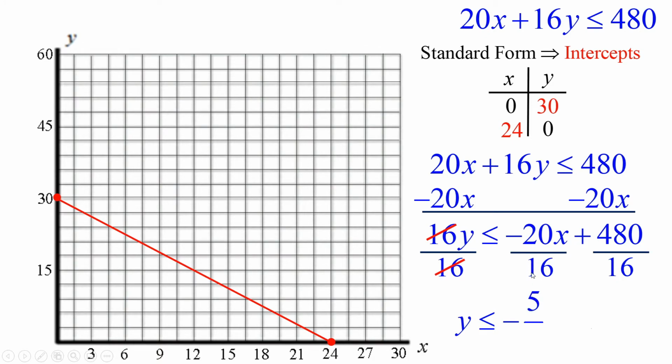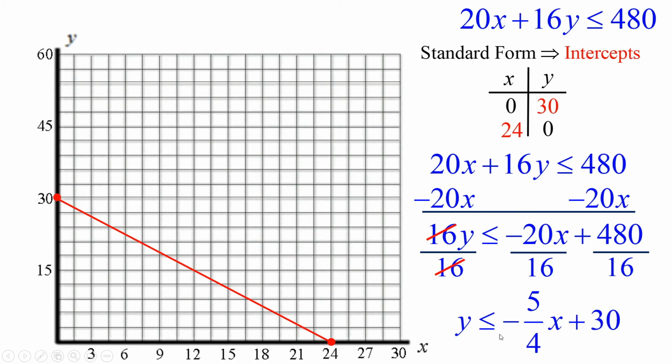And doesn't 4 go into 16 4 times? And now don't forget your factor of x, plus 480 divided by 16. What am I expecting here? I think we should have a 30. Let's punch it out and double check. 480 divided by 16 is 30, plus 30.